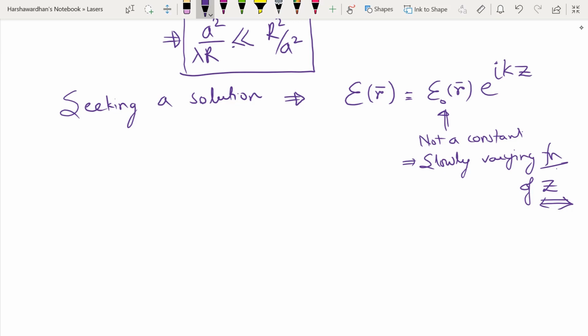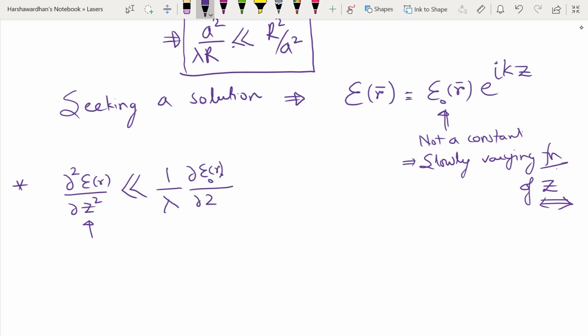Essentially, the slowly varying dependence on Z can be written down mathematically in this form. That is, the variation of the electric field, the second derivative along Z, please note, is much smaller than 1 over lambda, the first derivative of E naught of R along Z, which by the way should be smaller than 1 over lambda square E naught R itself.